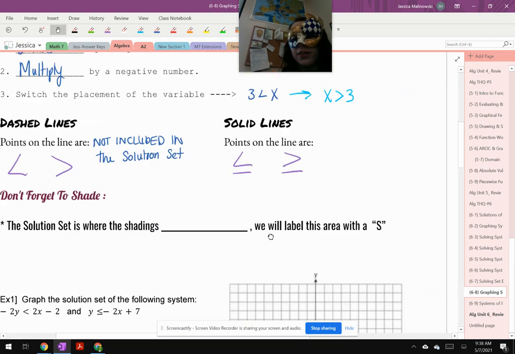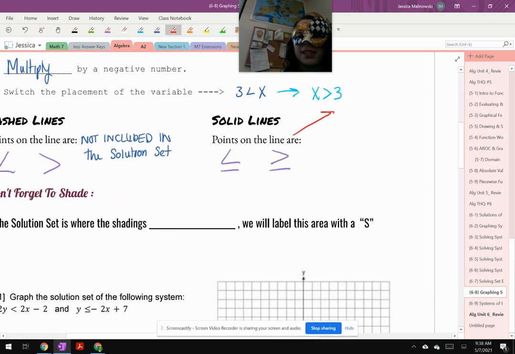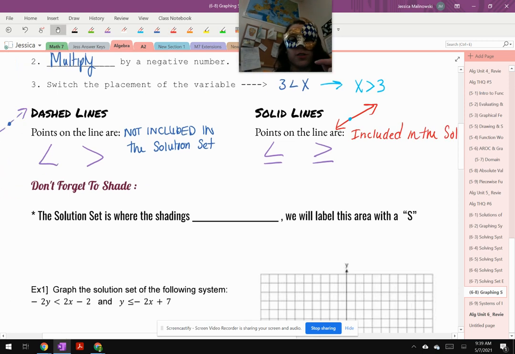Whereas if you have a solid line, points on that solid line are included in the solution set. And again, this should be relatively reviewed for you guys because we did talk about it in previous units.